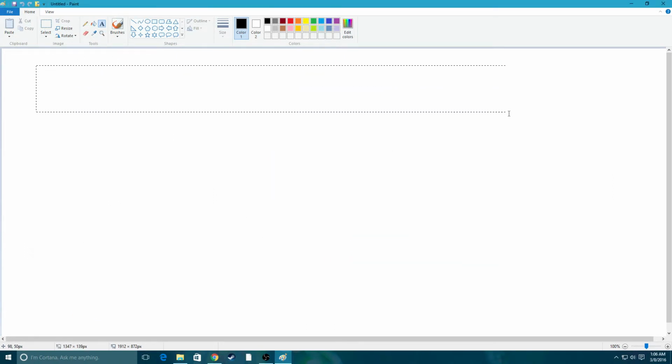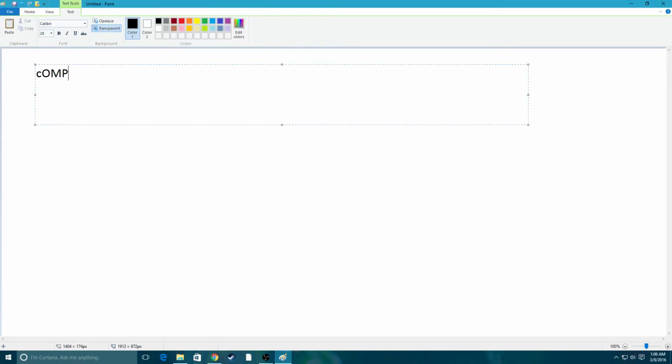Okay. Another thing is complementary. Complementary angles are angles that add up to 90 degrees.